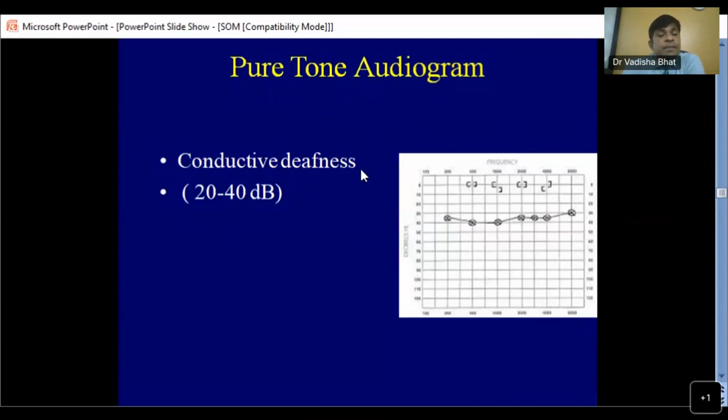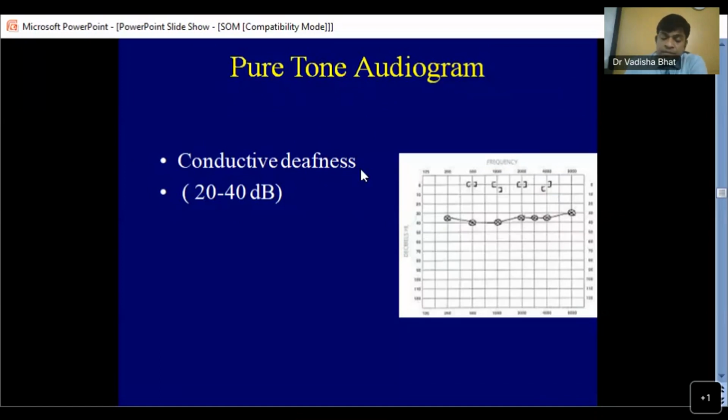Now the next step is pure tone audiometry. Again, the reliability of the test is low in small children, but in older children and adults, we may find a classical conductive hearing loss with an air-bone gap of up to 20 to 40 decibels.